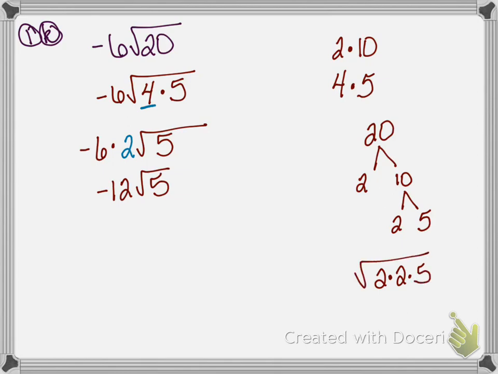If I put that in the square root, I've got a set of 2's on the inside, so I pull one 2 and put it on the outside. This is the prime factorization, and that is another way to do this. You would still need to multiply it by your negative 6 because that negative 6 is still there, but we would get the same answer if we did it this way. I just want to make sure you're aware of the different ways that you can solve that.